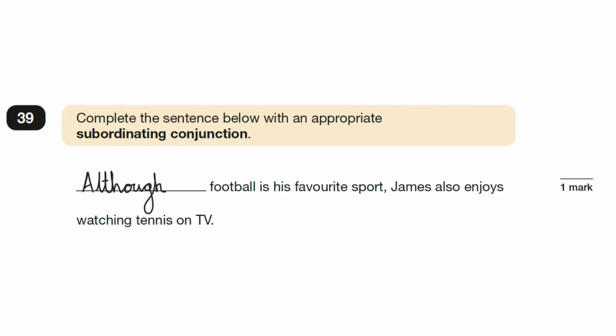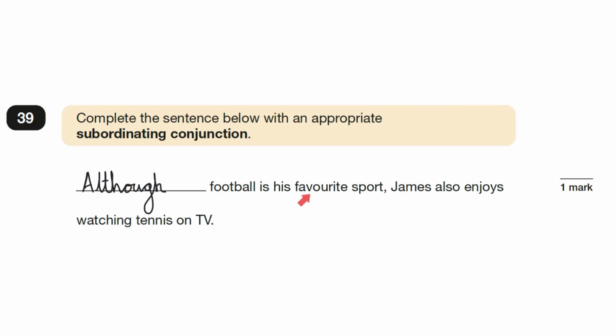Although football is his favorite sport, James also enjoys watching tennis on TV. And what although does is it introduces 2 contrasting ideas. So we've got this idea that James likes football, or it's his favorite sport, but he also enjoys watching tennis on TV. So we've got these 2 contrasting ideas presented by although.